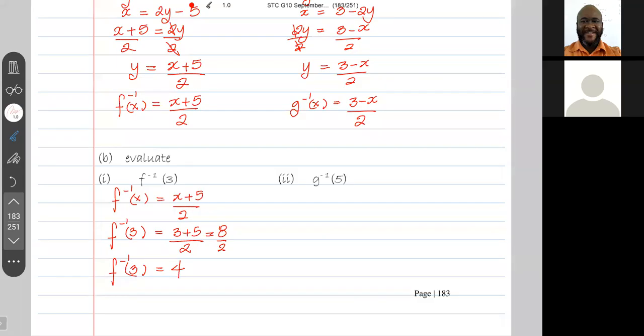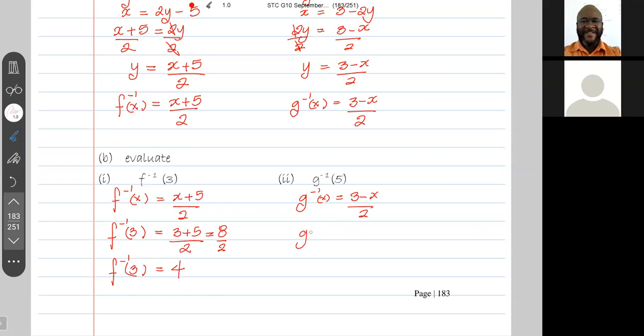So the next thing I need to do is find g inverse of 5, given that g inverse of x is equal to (3 minus x) over 2.